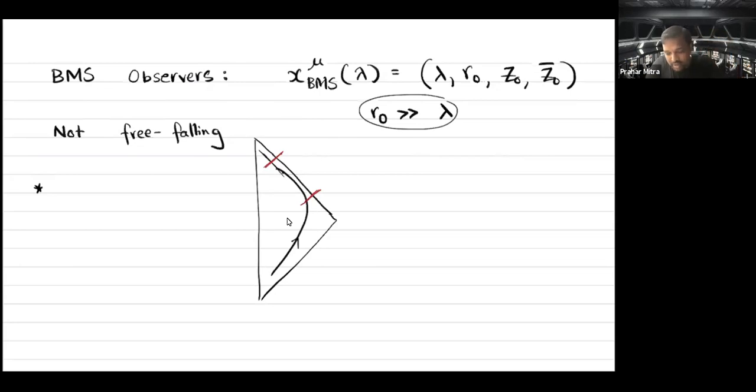So they have a bunch of mirrors. Let's say this is the point Z0, Z bar naught, where they are located. And they have a bunch of mirrors along all directions. And just like LIGO, the measurements that we are going to do are the distances between these pairs of mirrors.